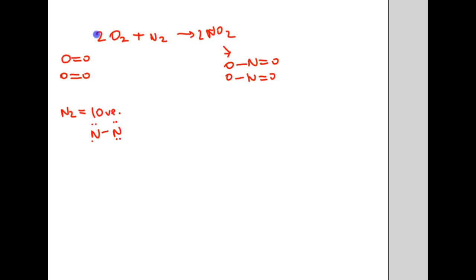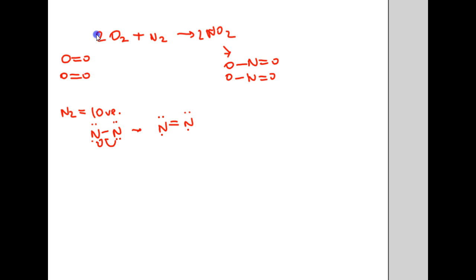Let's put them around one another. And what we find is that each nitrogen has a total of 6 electrons around it. Remember that the bond counts as 2, and we're trying to get a filled octet. So first, let's just take 1 electron from either. So we have a double bond.